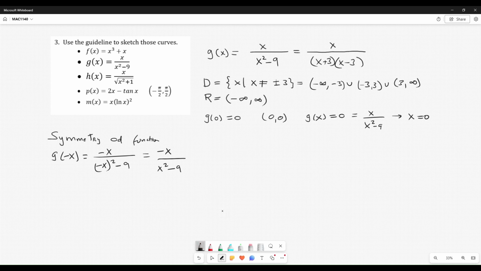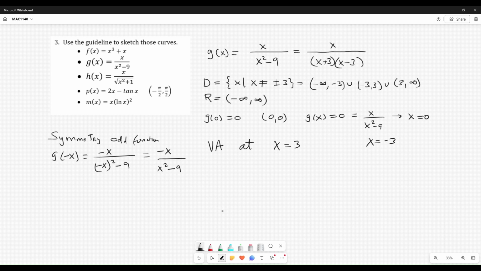Okay, now let's analyze the asymptotes. I suppose we have two vertical asymptotes at x equals 3 and also x equals minus 3.